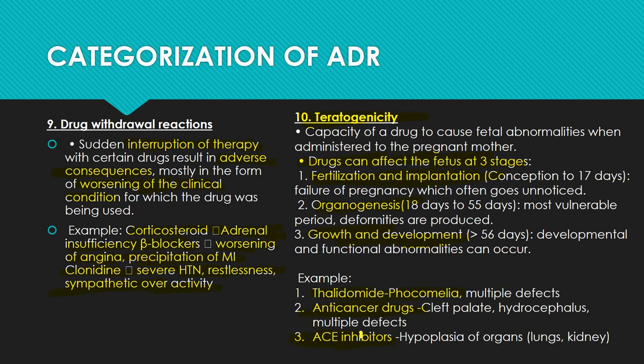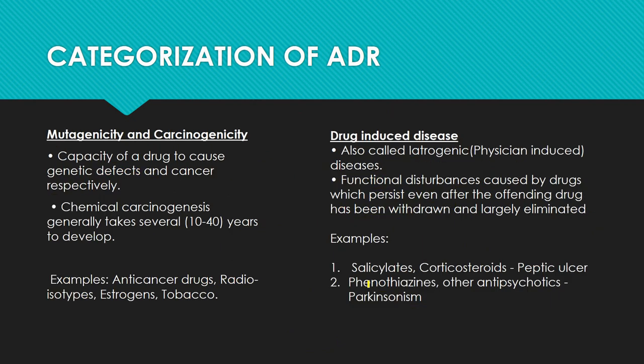And the last is the growth and development, that is after 56 days, where the functional abnormalities of the fetus can be seen. So here the drug withdrawal as well as the teratogenicity are also included in the categorization.